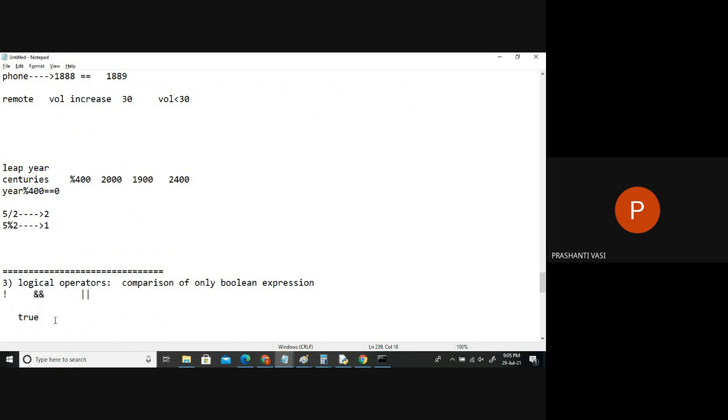So logical operators will only look at Boolean expressions. When I say AND operator, if expression 1 and expression 2 both are true, your final answer is true. So logical operators will basically compare only Boolean expressions and also return a Boolean value only.